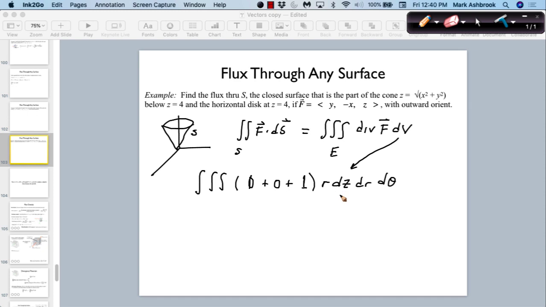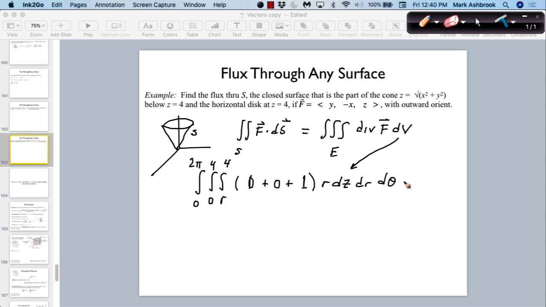Z goes from, oh sorry, no, 0 is not the bottom of this, guys. The bottom is the cone. So z goes from r to 4. And then r goes from 0 to 4, and theta from 0 to 2 pi.